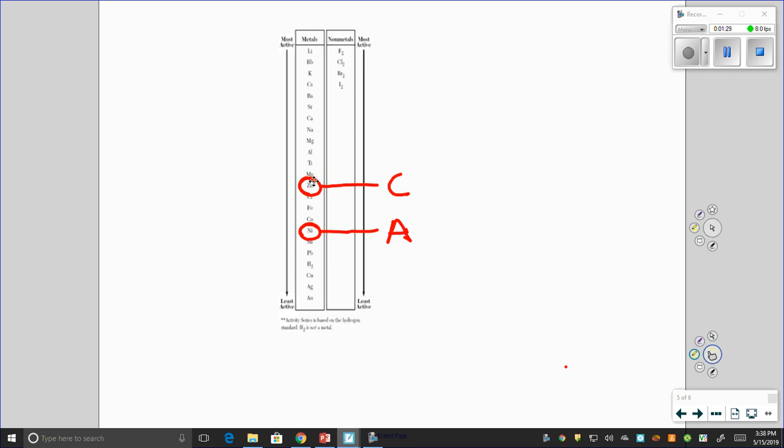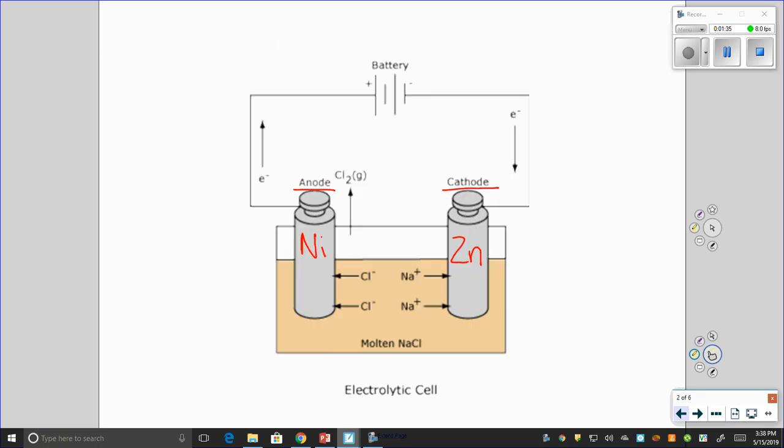How is that supposed to work? Your anode is supposed to be higher. Well, in an electrolytic cell, we use the battery to force this reaction to happen. It's non-spontaneous. So our anode can be made of a metal that is less reactive than our cathode.